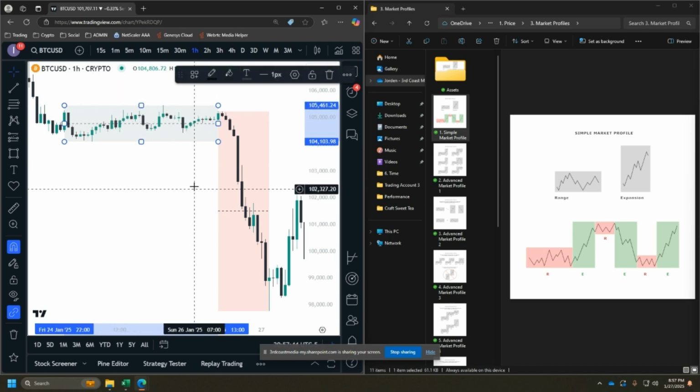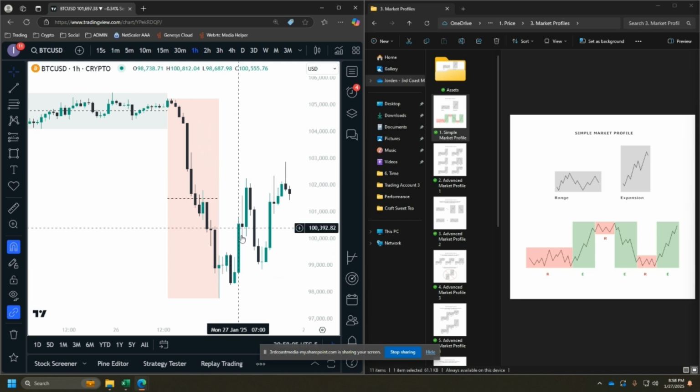So that's how you want to think of a range. It's a sideways movement. Even though we had some swings inside, overall, you can say we pretty much just went from left to right. Whereas here we went down, or here we went up.